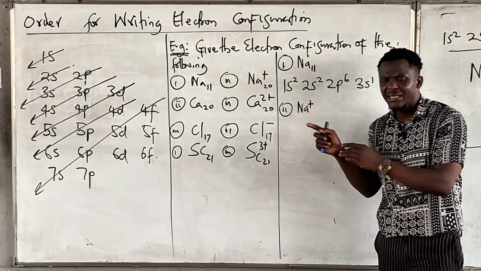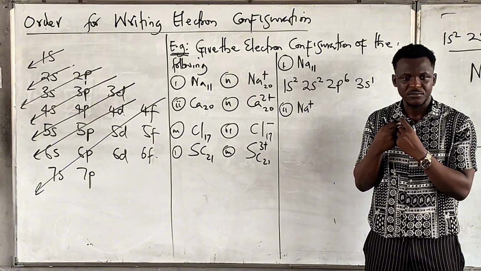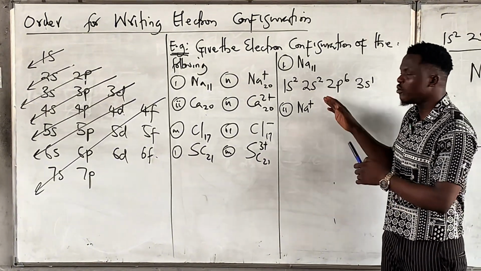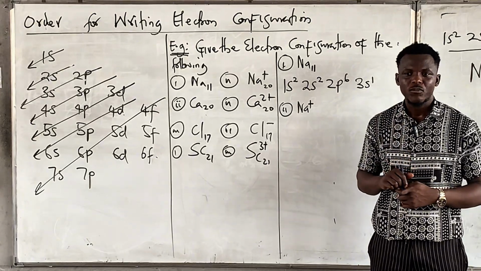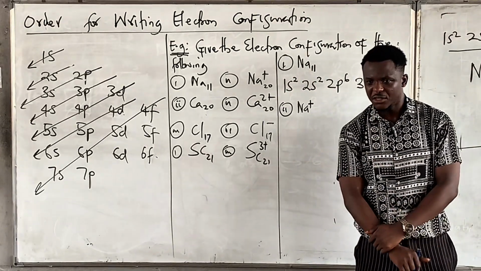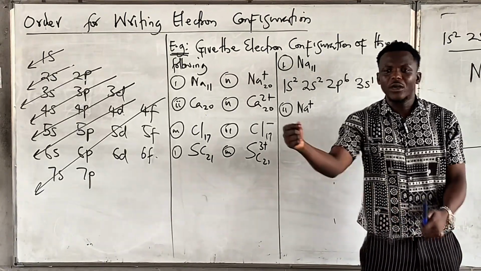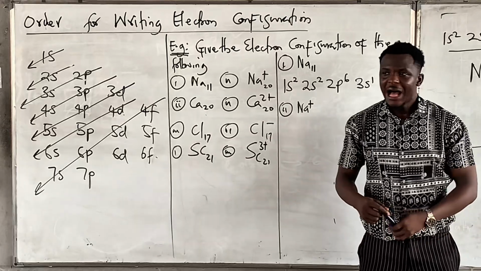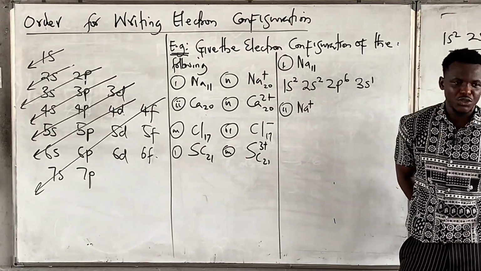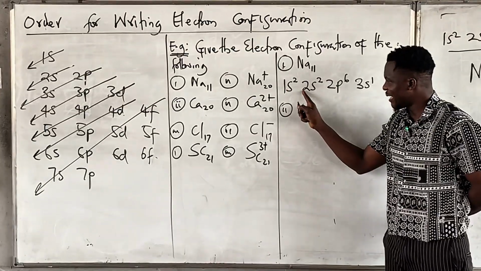So this is what is going to happen. Does plus mean addition of electrons or removal of electrons? If you want to remove electrons from an atom, do you remove electrons from the outermost shell or from the innermost shell? Obviously the outermost, because you cannot come somewhere and start going inside. And from electronic configuration, how can we tell which is the outermost shell? The outermost shell is the shell with the highest number.